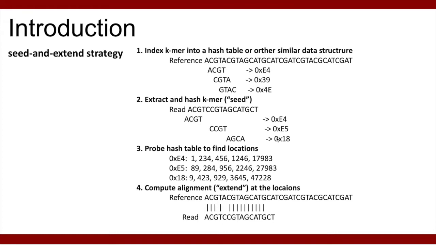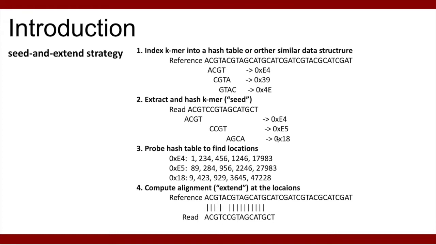Before alignments are actually calculated, filtering strategies based on the pigeonhole principle can be used to discard large regions of reference. If we allow at most E errors, the pigeonhole lemma states that if a read is divided into at least E plus 1 non-overlapping seeds, then at least one of them occurs exactly in a match.